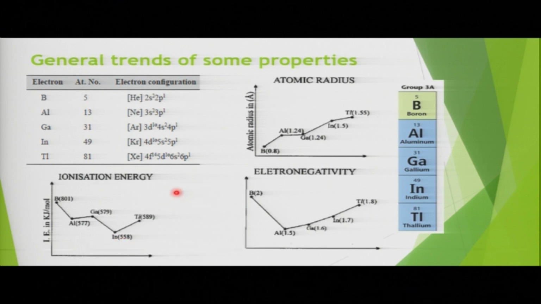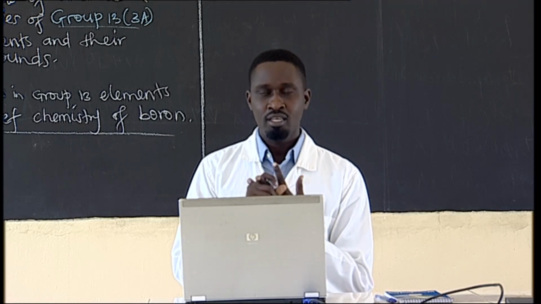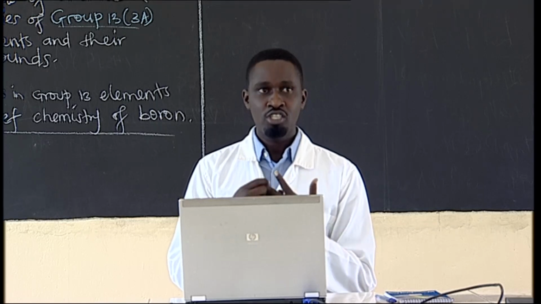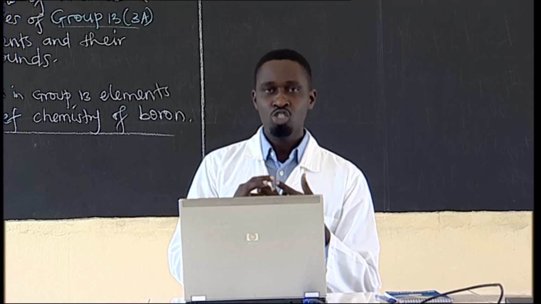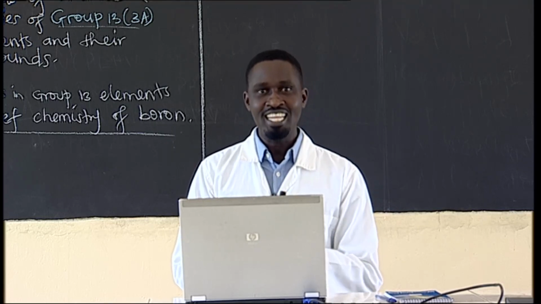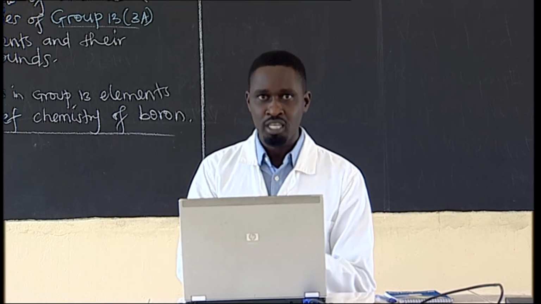Now, as I told you, we have to combine them. When we're talking of ionization energy, the factors that affect it are the atomic size, the nuclear charge, and the screening effect, or what we call the shielding effect, of which the nuclear charge and the screening effect work hand in hand to affect even the atomic size.